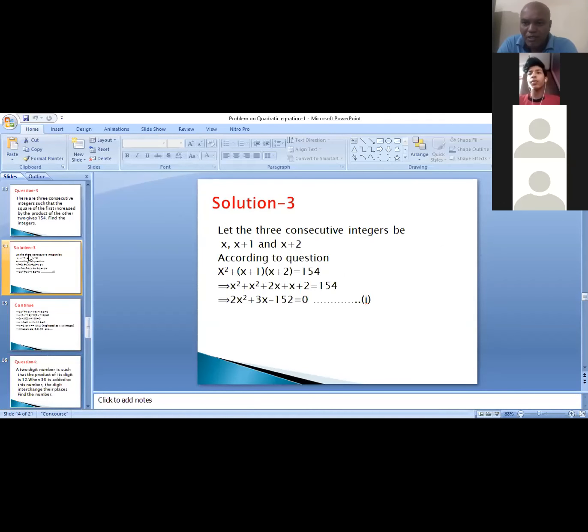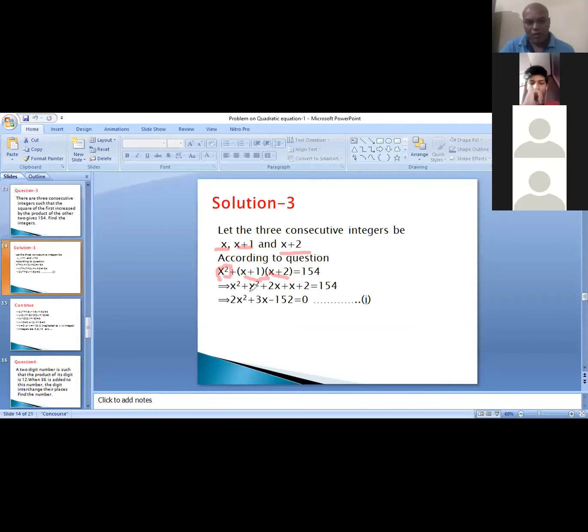As per the question, given that the square of first increased by product of the other two. You have taken x square plus x plus 1 and x plus 2. Multiplying these values and simplifying, that is your square of the first, x square, and product of the other two, x plus 1 and x plus 2.